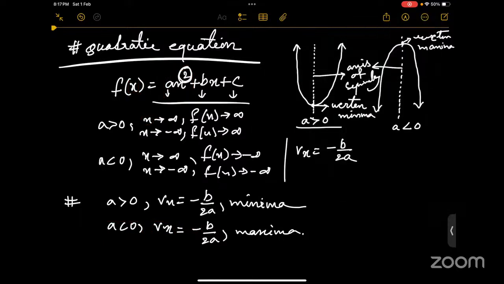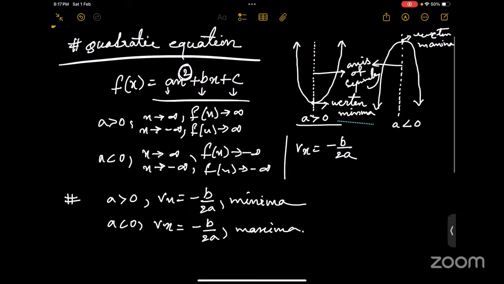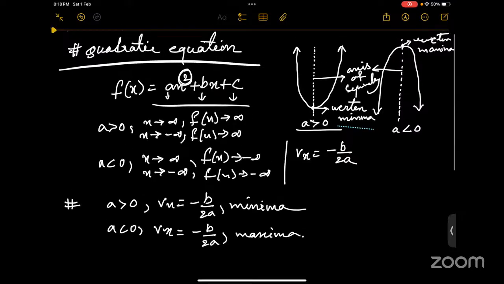When the parabola opens upward, the minimum value is the vertex, and for a downward direction parabola, the maxima is the vertex. Okay. So it is clear up to now, right? Yes, ma'am.